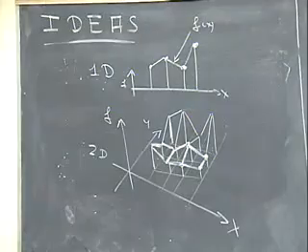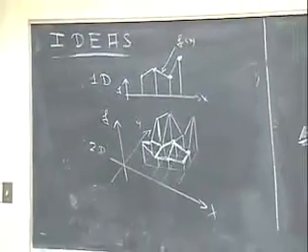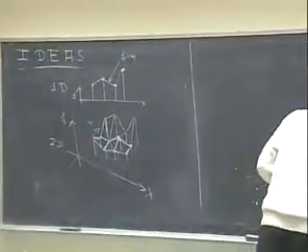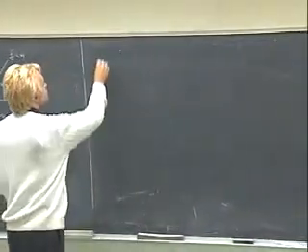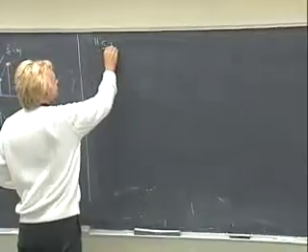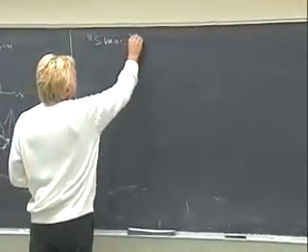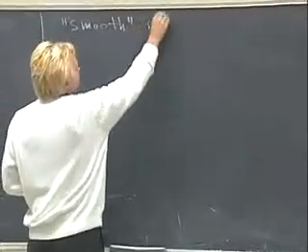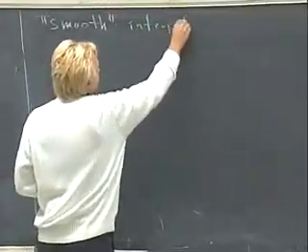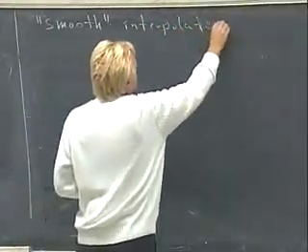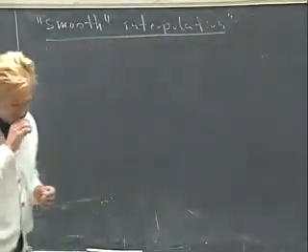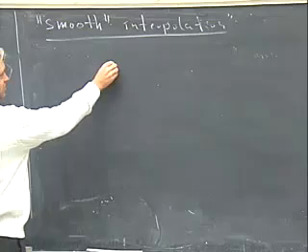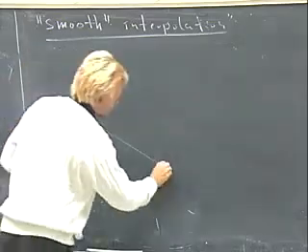There's another way of constructing these interpolating surfaces, namely constructing them smoothly. Smooth interpolation in 2D again. So what do I have? I have my plane, x and y.